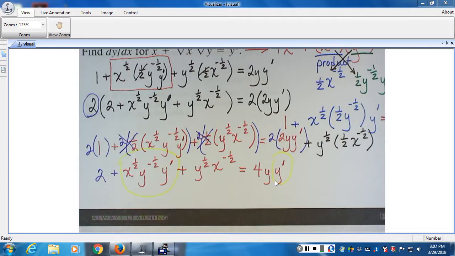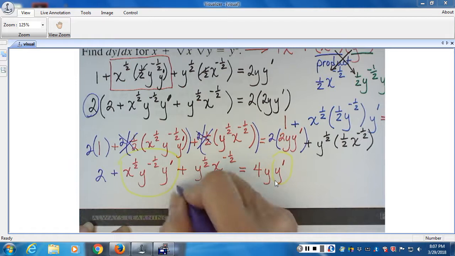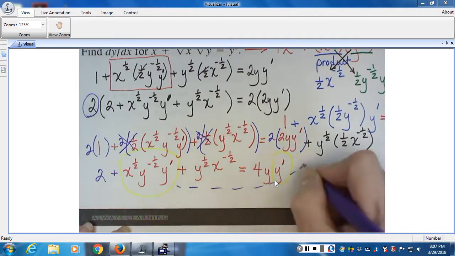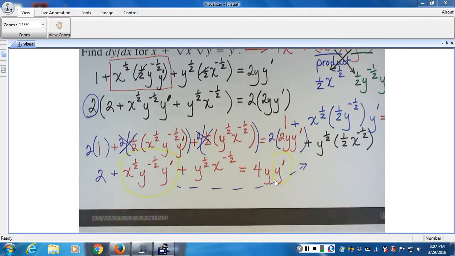And I would like for them to be together on one side. So I'm going to move that term, x to the 1/2, y to the negative 1/2 y prime, over to the other side.